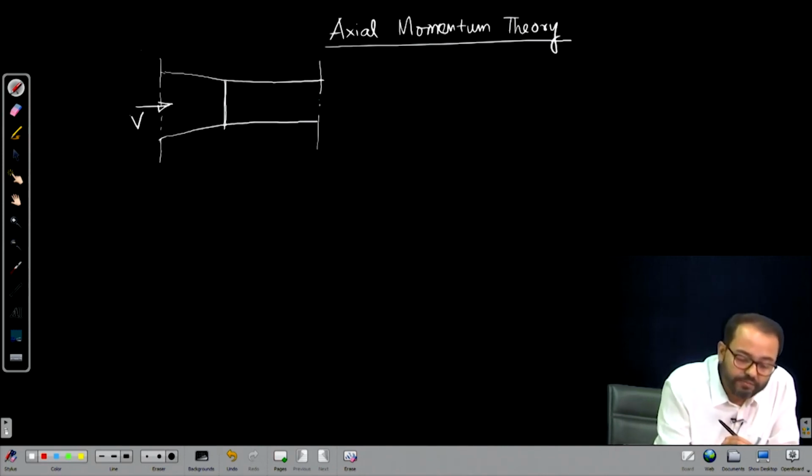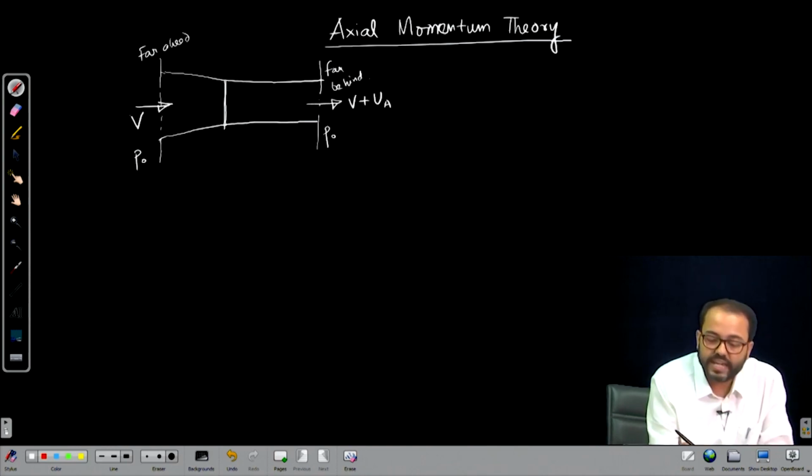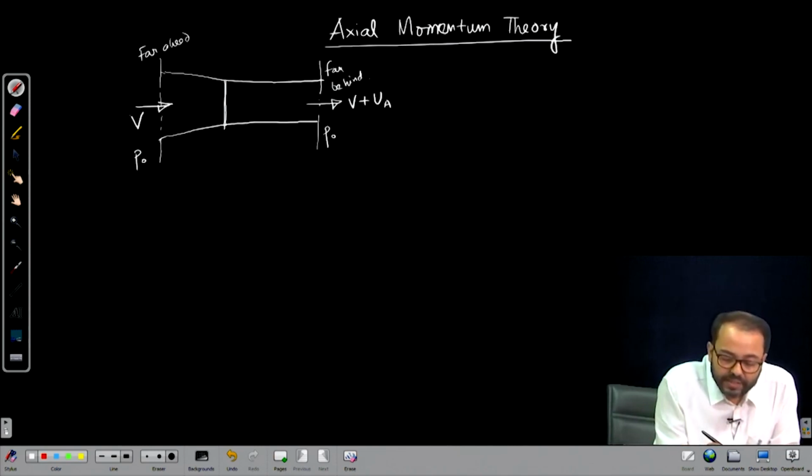So, this was far ahead and far behind. The pressure is same in these two conditions, and we have the axial induced velocity Ua, which adds up to the inlet velocity, and at the propeller plane.